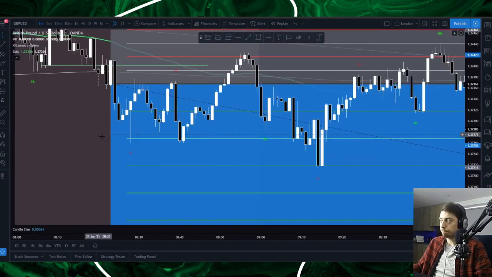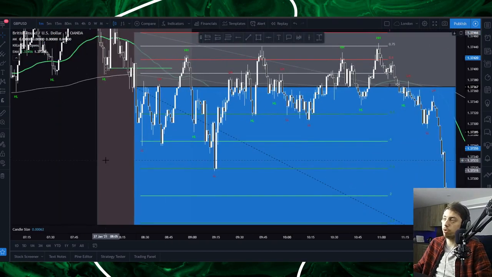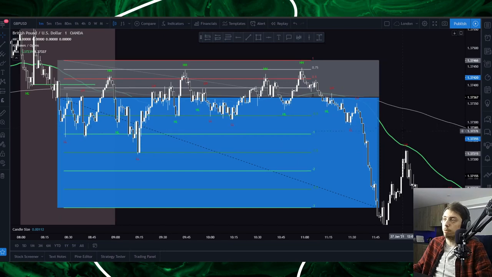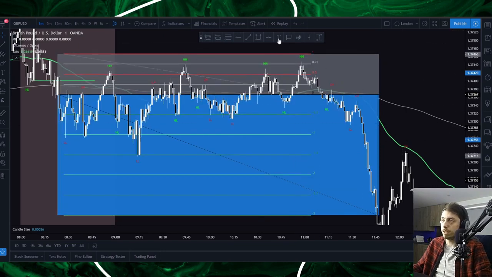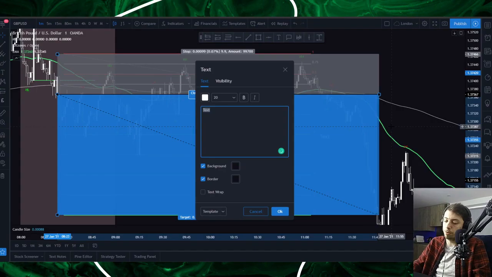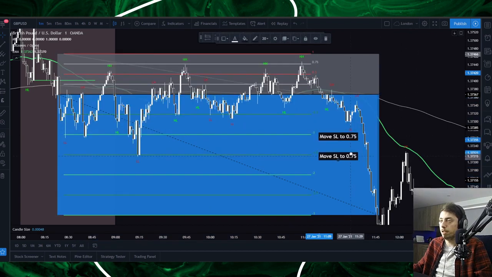Now, once you're in a position, here are some things that you guys are going to be able to decide for yourself and whether you want to do this or not, okay? But this is something that you could do. So once we get to 1-to-1, you move your stop loss to 0.75. Okay. Copy paste.